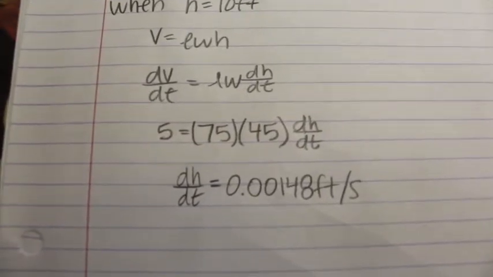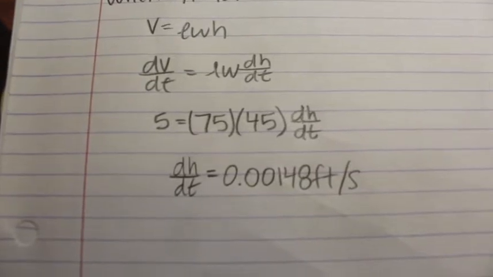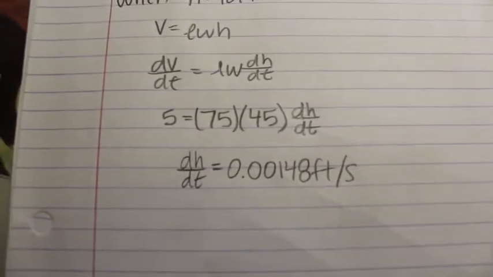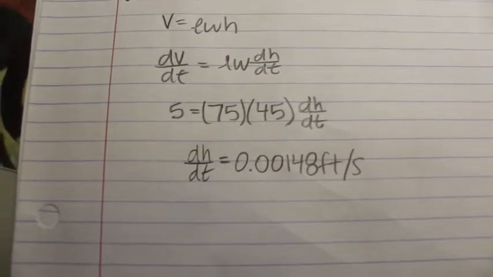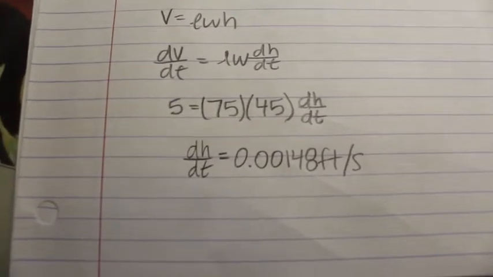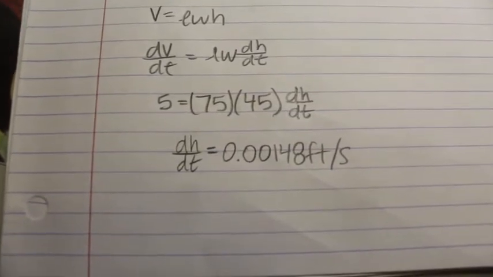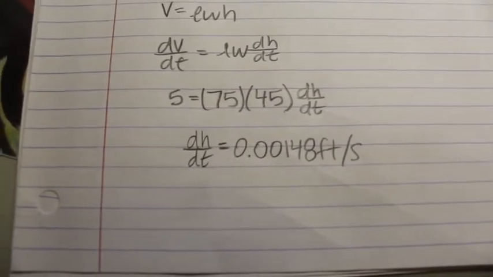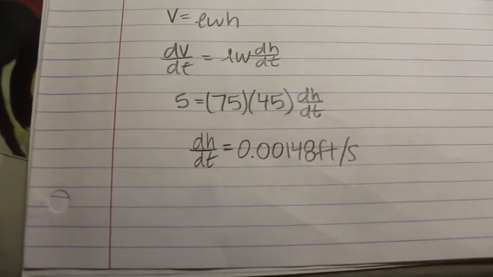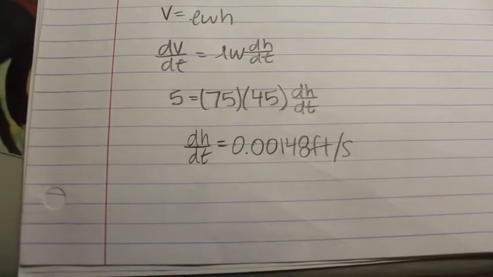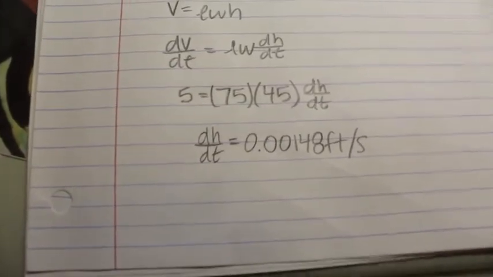Therefore, we have the equation V equals LWH, length times width times height. dV/dt equals L times W times dH/dt. dV/dt equals 5, L equals 75, W equals 45, and then we need to solve for dH/dt. dH/dt equals 0.00148 feet per second.